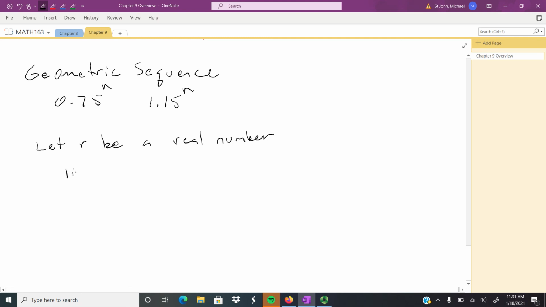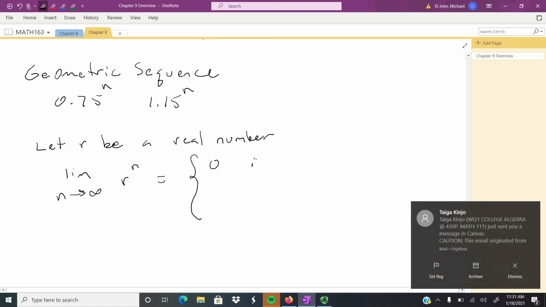Then the limit as n goes to infinity of r to the n will be 0 if the absolute value of r is less than 1.